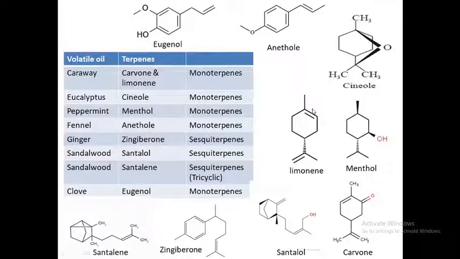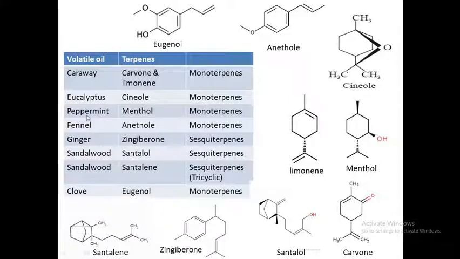So it consists of only one ring, so it is a cyclic monoterpene. Next, the eucalyptus oil, which consists of cineole, also known as eucalyptol. This is also a monoterpene, that is C10H16. So if we see the structure, cineole is a bicyclic monoterpene, 2 different cycles are there.